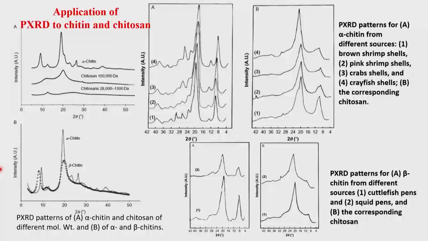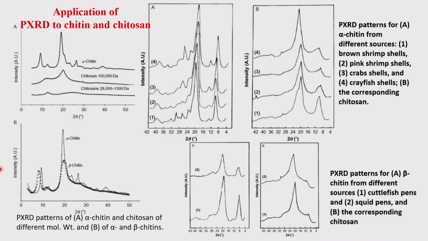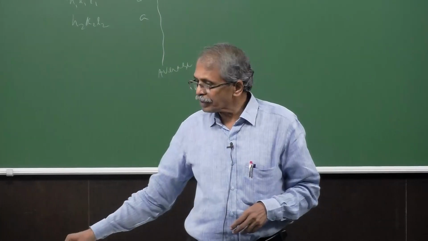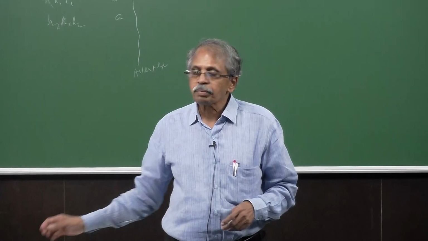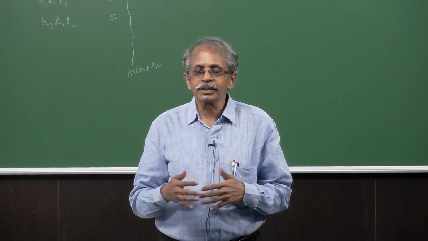Okay, so what we are trying to look at is, after having gone through the exercise of identifying and indexing, getting the a parameter in the previous examples, we have now started going through some application aspects of this, particularly to nanoparticles or composites.